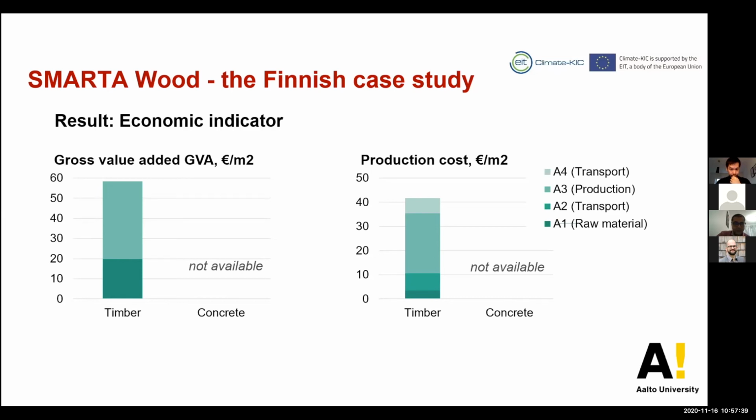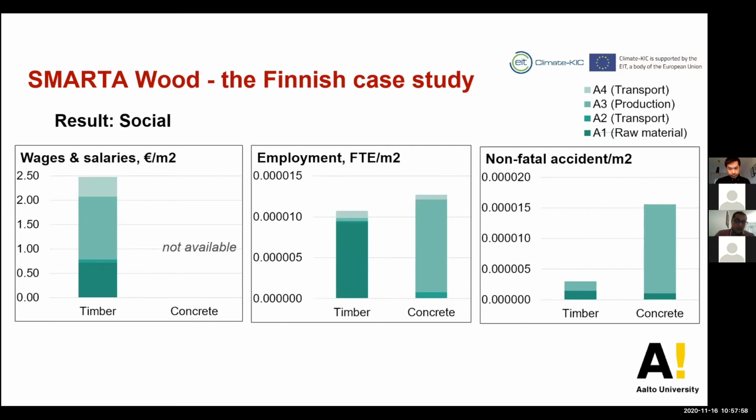And you can see the value for timber, and the gross value added is about 60 euro per square meter, and production cost for timber is a little bit over 40 euro per square meter. And for the social part, on the left side, you can see wages and salaries. It's about €2.5 per square meter for these 4 stages.